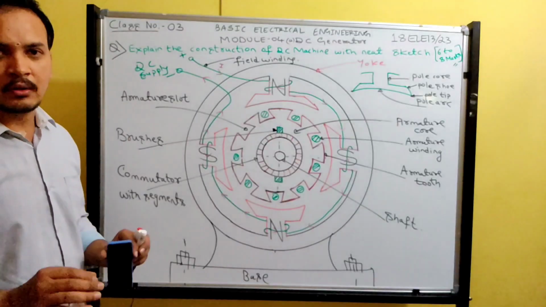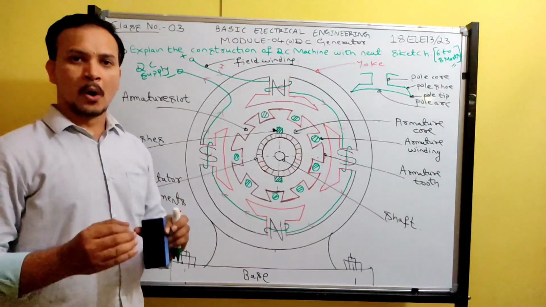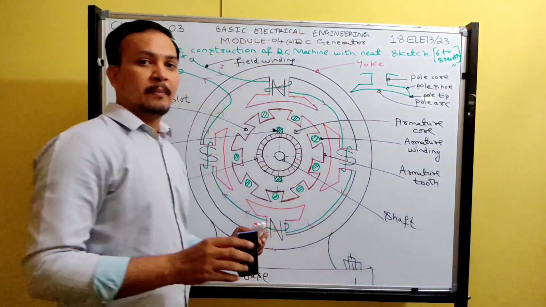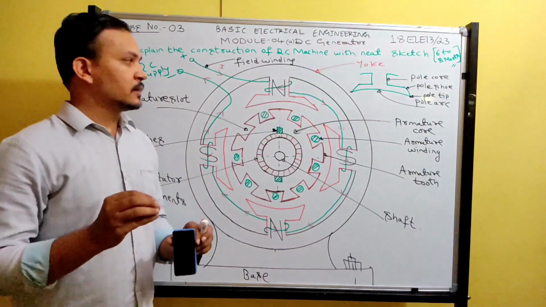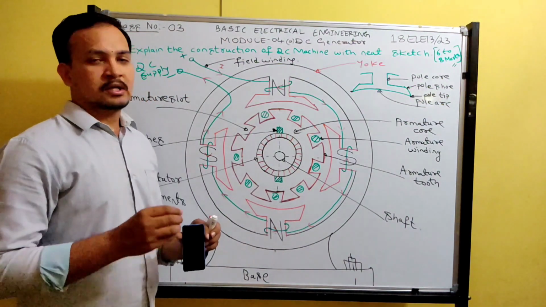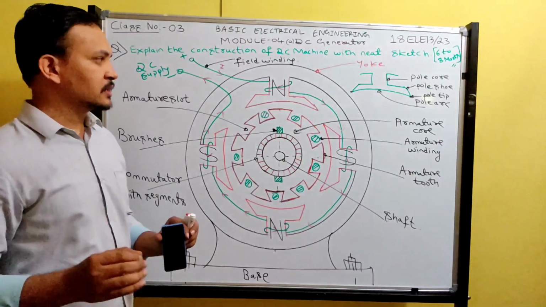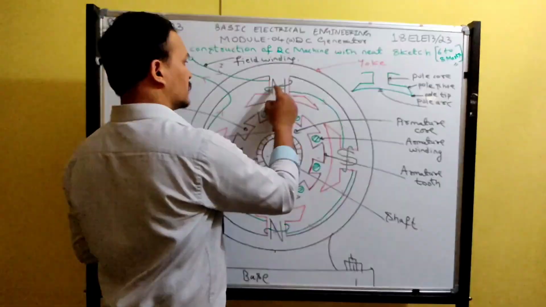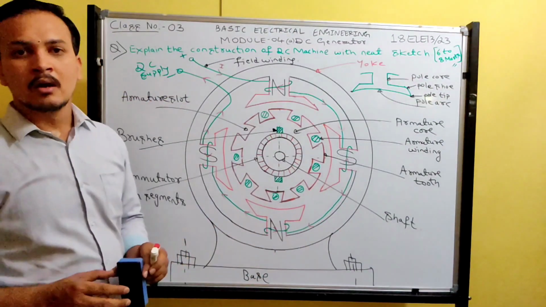So next part is pole. See, the pole is also made up of magnetic materials, with silicon steel laminations having good magnetic properties. Actually, we don't have this core ready-made in the market.